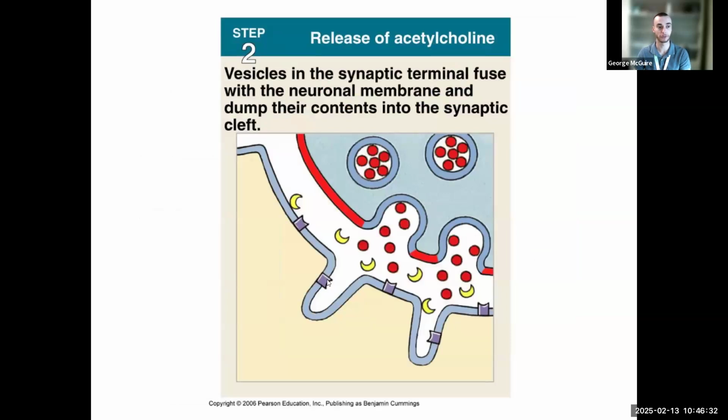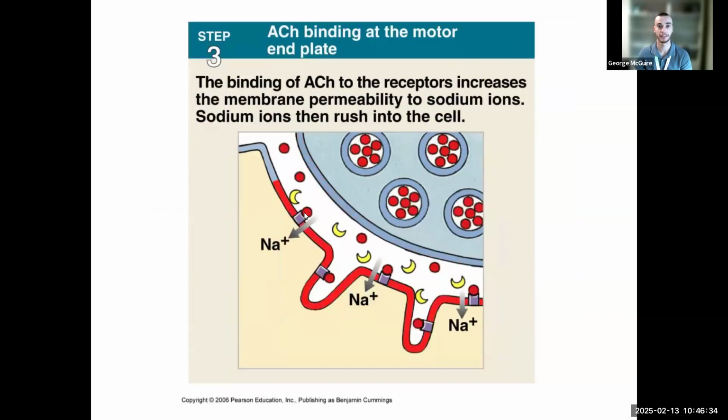Acetylcholine is then going to bind with these special receptor proteins that recognize that neurotransmitter. So as acetylcholine is binding with those receptor proteins, that is going to open some sodium channels, allowing for sodium to flood in across the sarcolemma into the sarcoplasm. And essentially the movement of ions like sodium is what generates these electrical signals, these action potentials.